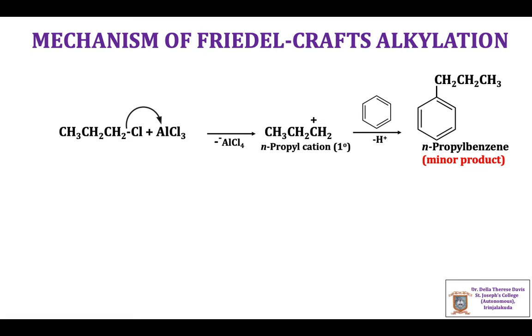But experiments have shown that this is the minor product, because the generated electrophile, which is the n-propyl cation, undergoes a rearrangement to give the isopropyl cation.